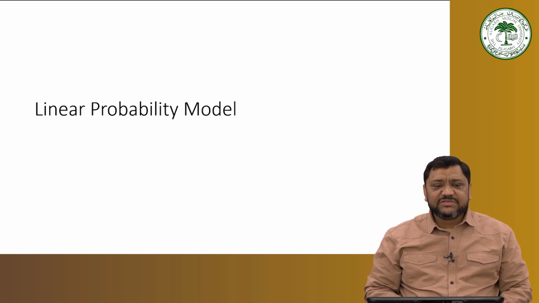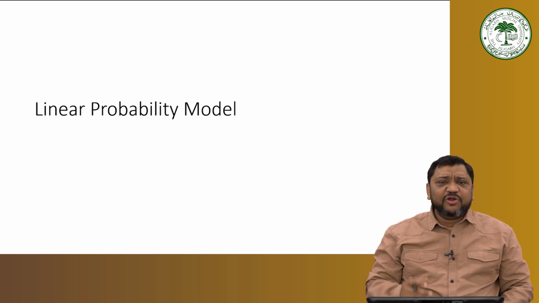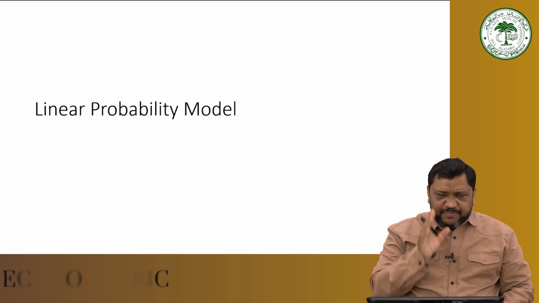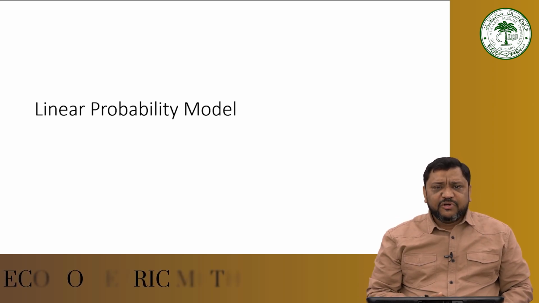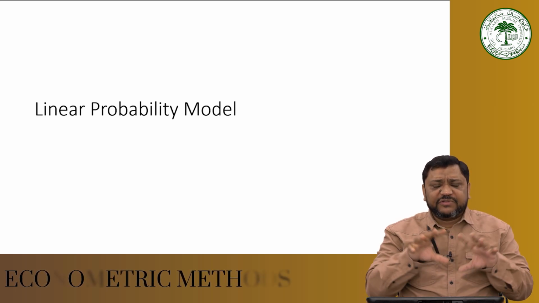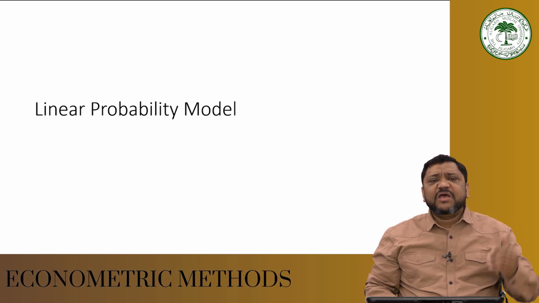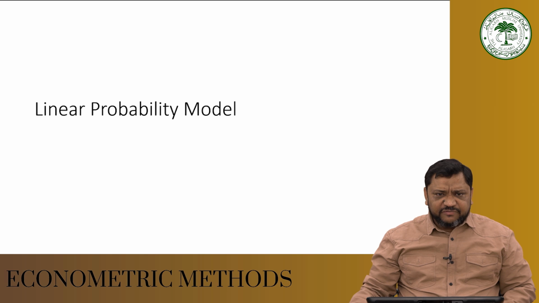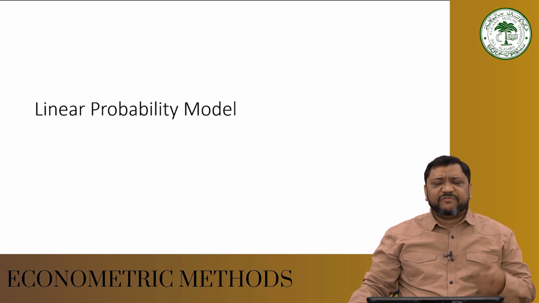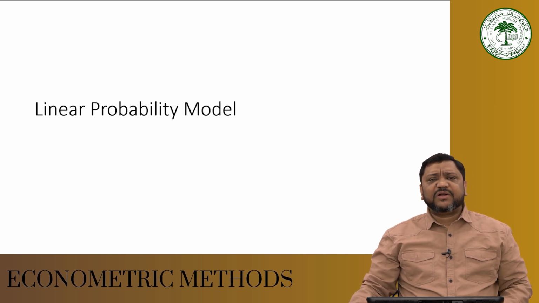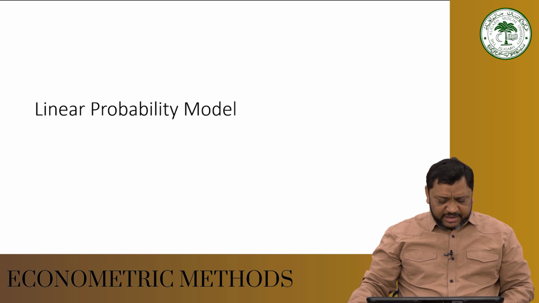The interesting thing is, these linear probability models are practically not used, but they will serve as the basic foundation of the scheme of things wherein the dependent variable is of this nature, where the probability of having is 1 and probability of not having is 0.